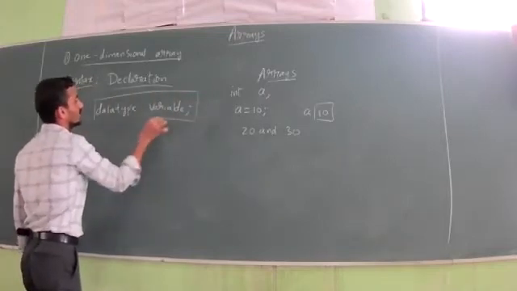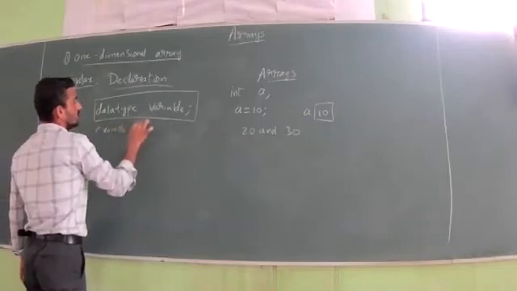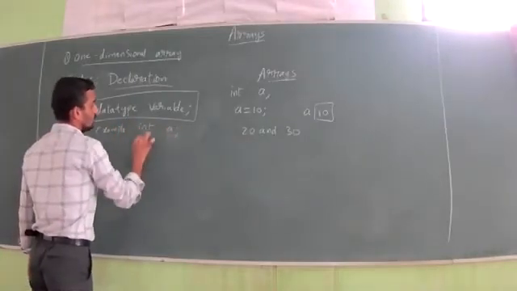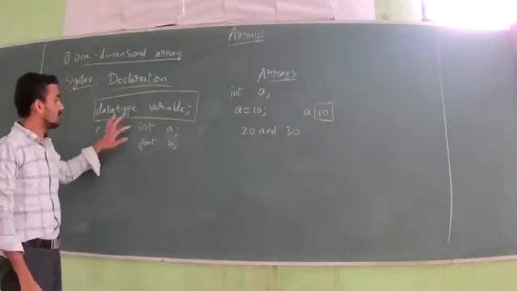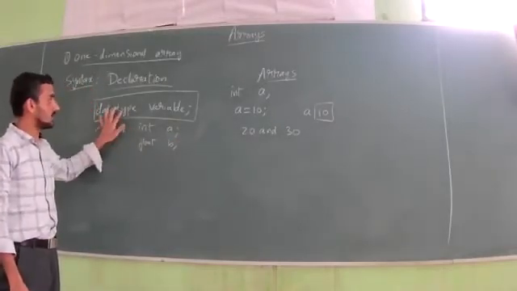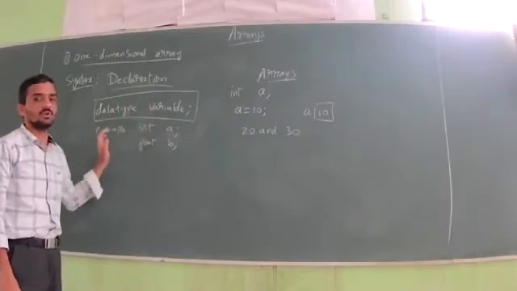This is nothing but a declaration of a variable. Example: int a or float b, where int and float are the data types, and a and b are the variables. So this much we know.